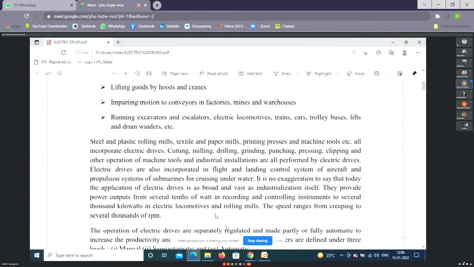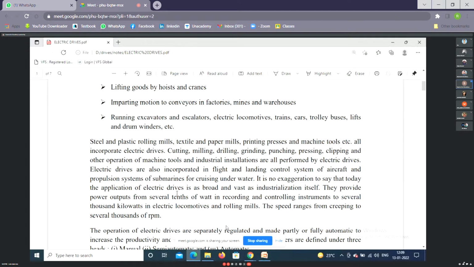Electric drives are also incorporated in flights, landing control of aircraft, and propulsion systems of submarines for cruising under the water. In fact, in ships nowadays, you cannot have a line supply, and the fuel is fossil fuel.